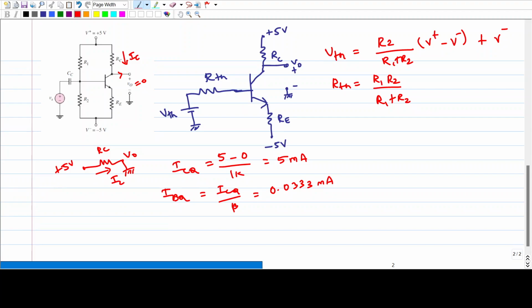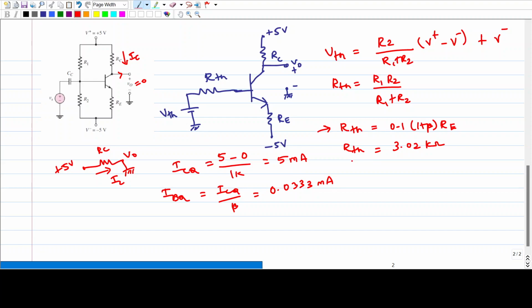The next thing is, in the last video we have seen the condition for RTH: RTH equal to 0.1 times 1 plus beta multiplied by RE. We know beta and RE. Substituting this, we will get RTH as 3.02 kilo ohm. If you didn't understand this equation, please refer to the previous videos. So we got RTH.